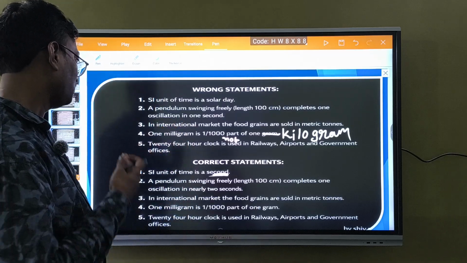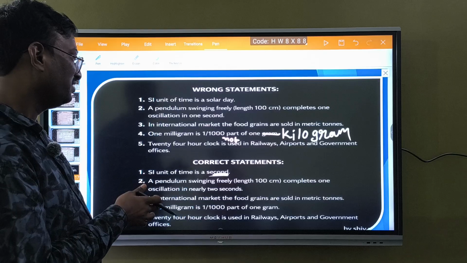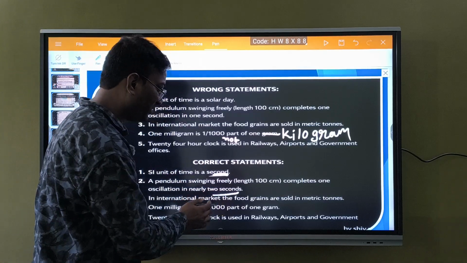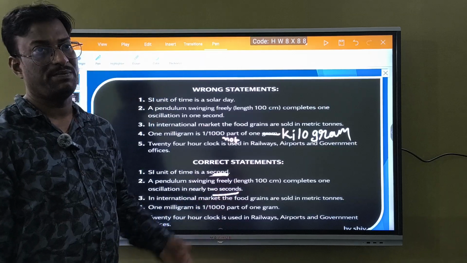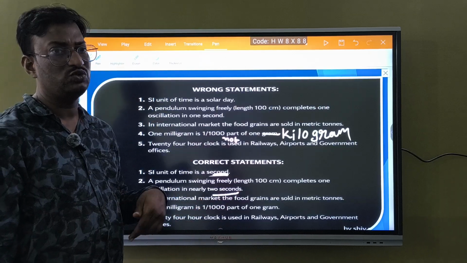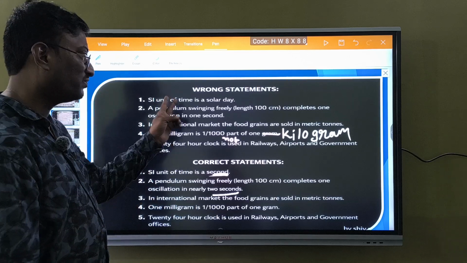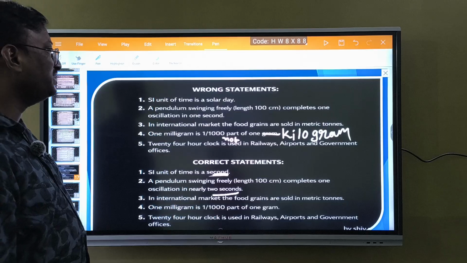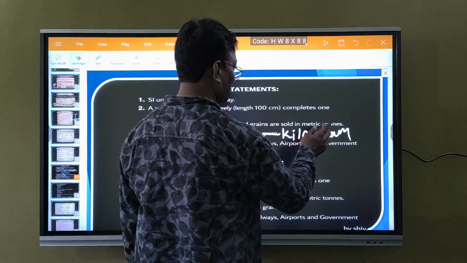No, a pendulum swings freely, completes one oscillation is nearly 2 seconds. That's why it is called as seconds pendulum, whose time period is around 2 seconds, not 1 second, it is 2 seconds. In international market, the fine grains are sold in metric tons.